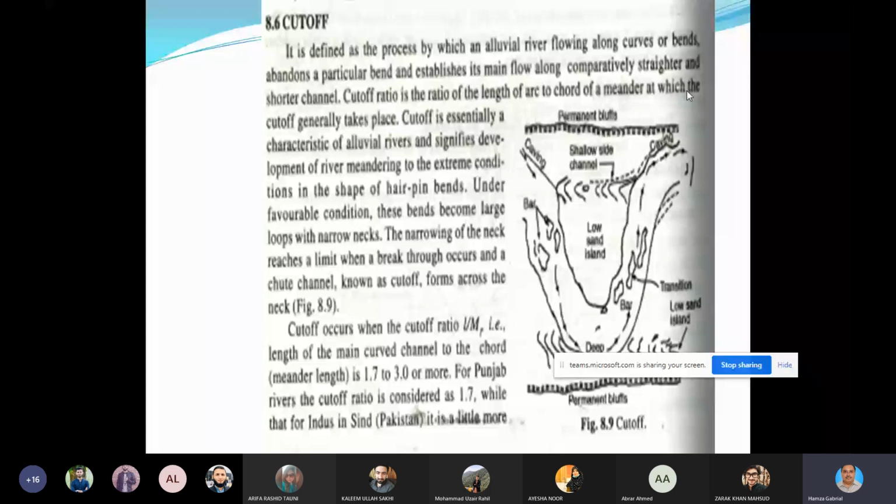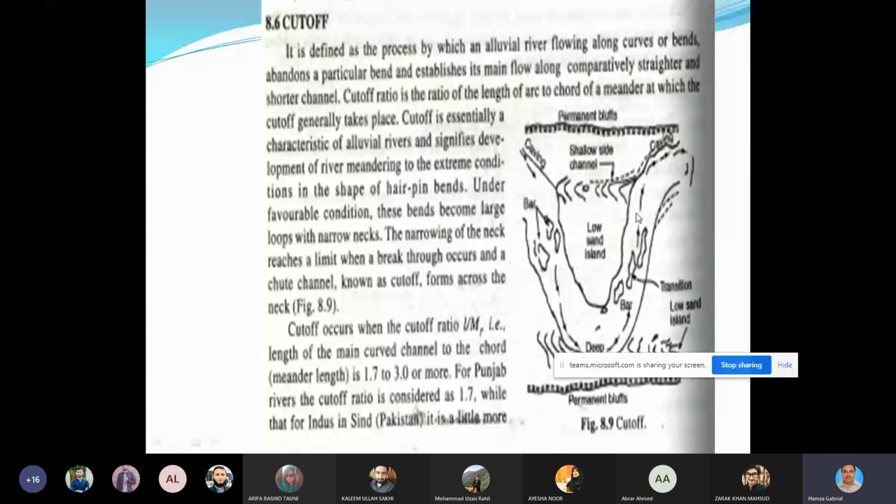When the river takes the shortest route, the portion of the meander is cut off from the main channel and an oxbow lake forms. So it is defined as the process by which an alluvial river flowing along curves or bends abandons a particular bend and establishes its main flow along a comparatively straighter and shorter channel. Because this shortest path is available, when these two necks join, the flow will go straight through here, and this U-type meander will be cut off from the main channel, and this will form an oxbow lake.